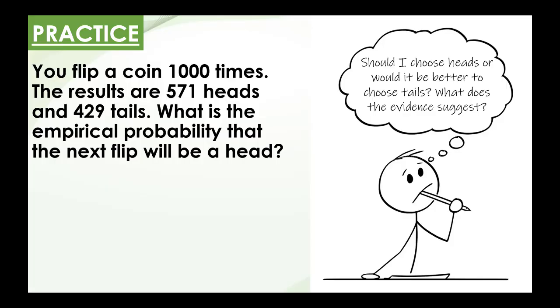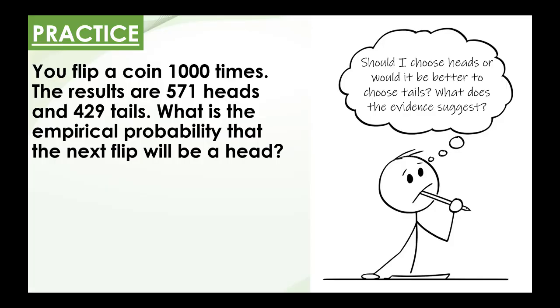Doesn't the evidence suggest that heads comes up more often? Maybe this coin is heavier on one side than the other and so tends to land with heads up more frequently. Maybe it's not a perfect coin, right? So we have to take those things into account when we're making some kind of wager or bet, and we really like evidence. That's what empirical probability is. It's about evidence.